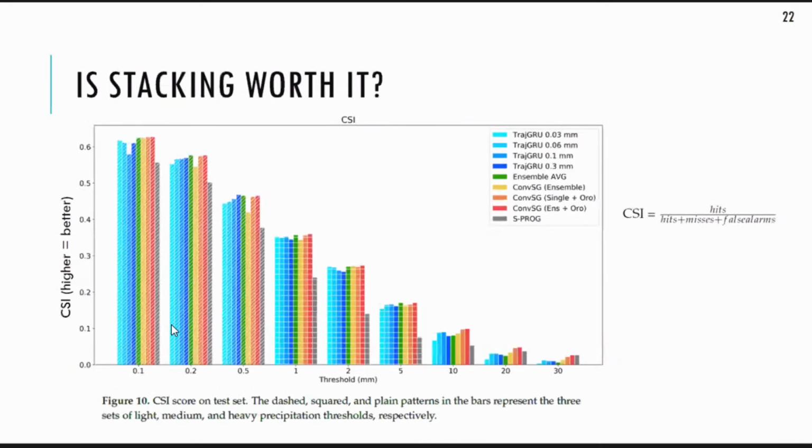Okay, let's have a look at the results. What can we see here? First of all, we might look at the CSI, the critical success index, sometimes called the threat score in machine learning. It's a concept similar to accuracy: we divide the hits by the hits plus the misses plus the false alarms.